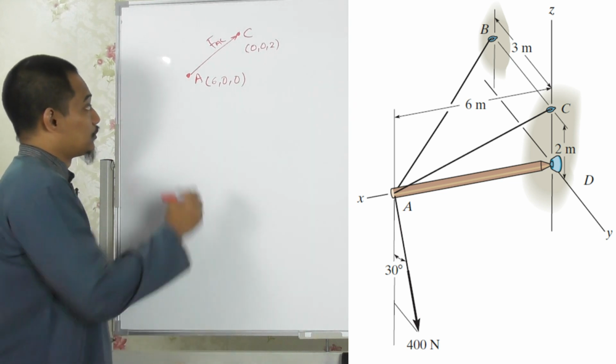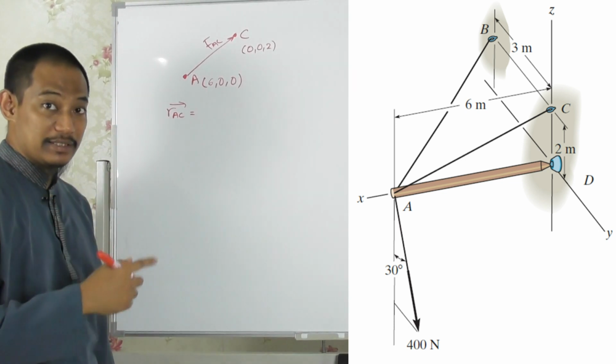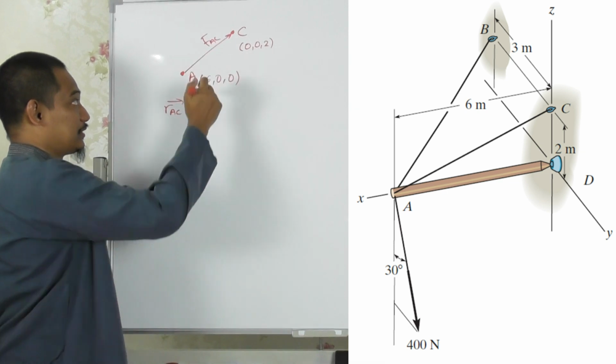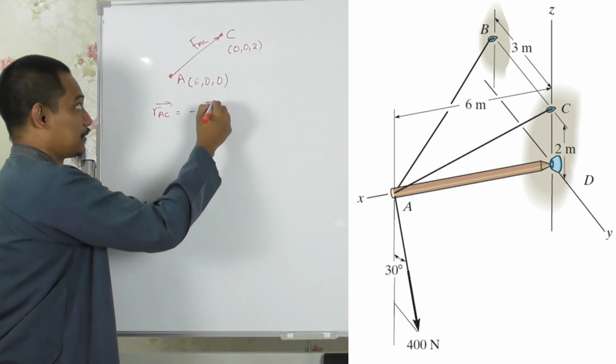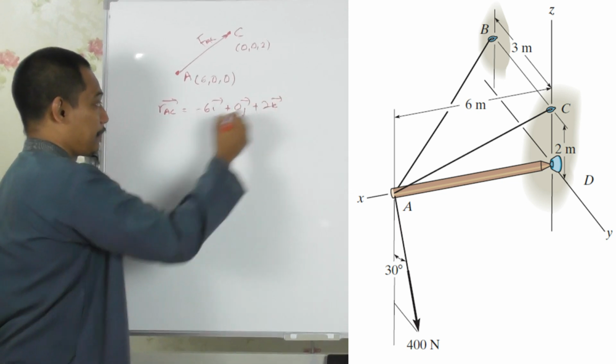Then RAC, the process is the same as part A, just different values. RAC from A to C, so C minus A, gives minus 6i plus 0j plus 2k.